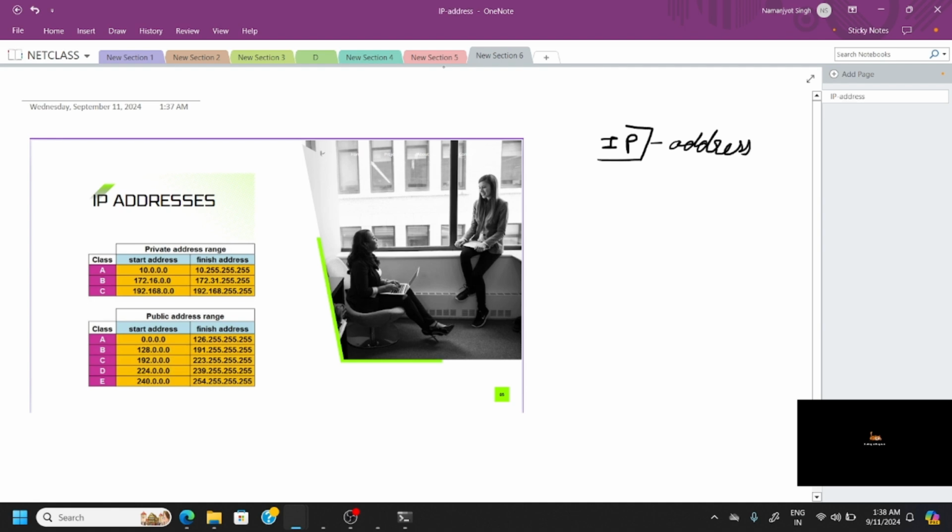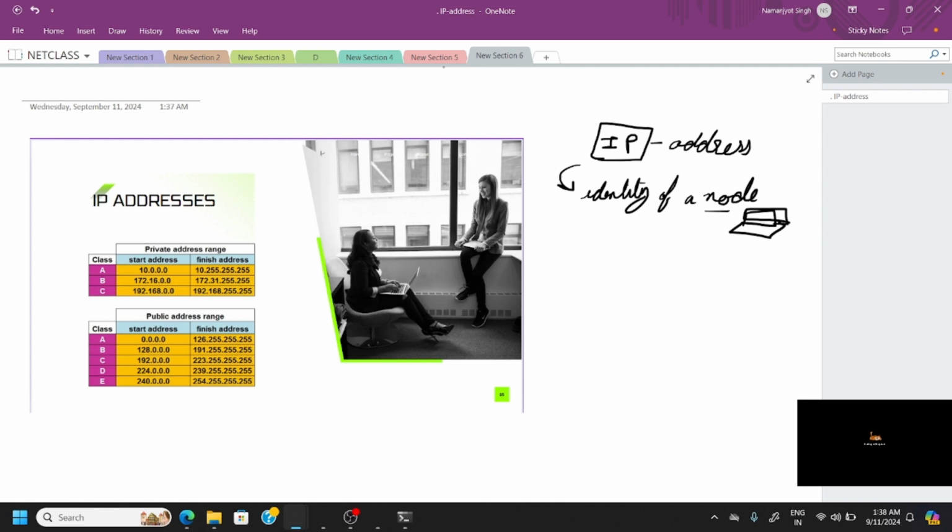What is an IP address? It is the identity of a node. What is a node? A node is simply a computer or anything that can be connected to the internet, or can be connected without the internet also. The endpoint is known as a node.